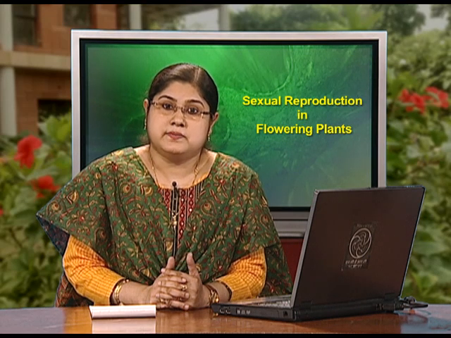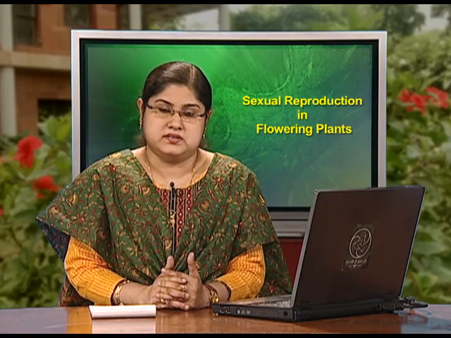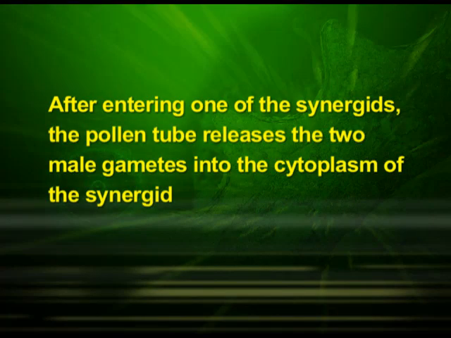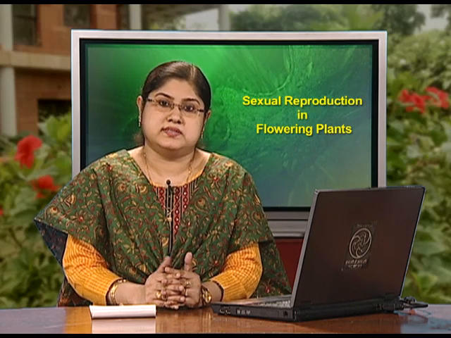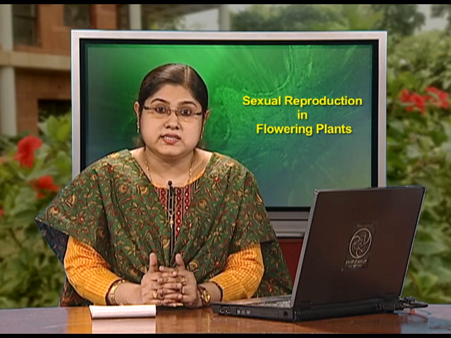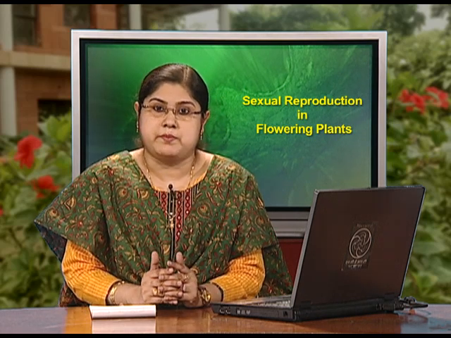Now let us discuss the process of double fertilization. After entering one of the synergids, the pollen tube releases the two male gametes into the cytoplasm of the synergid. One of the male gametes moves towards the egg cell and fuses with the nucleus, in this way completing the syngamy.